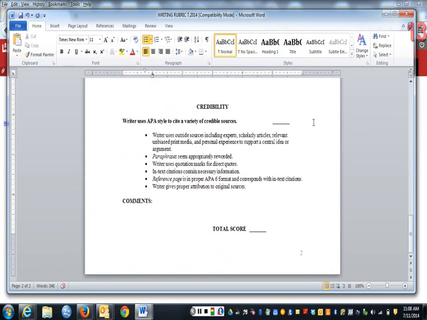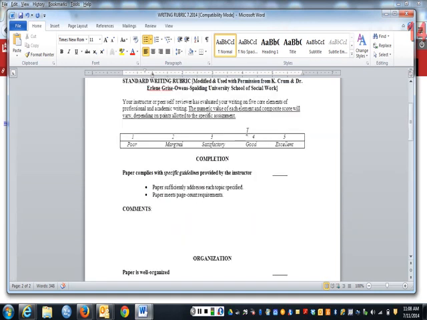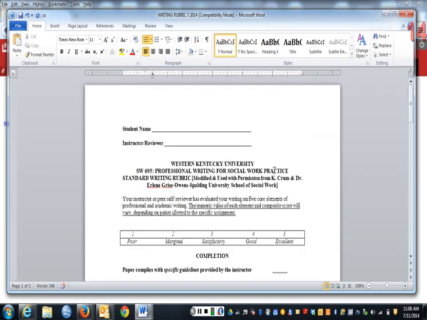But if you have any questions about any of these terms, you may look them up, you may talk to your peers about them, and you may also email me with questions, because I really want you to understand this writing rubric. It's going to be a great tool for you, and I think you'll understand it in more depth as we go through the semester. But for now, that is my discussion and brief overview of the standard writing rubric for this course.